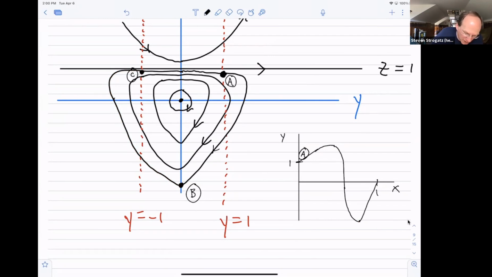And actually, as I start coming in through here, my slope should be close to 1, right? Because I'm close to the invariant line, z equals 1. So I haven't drawn it too well. Let me try this again.